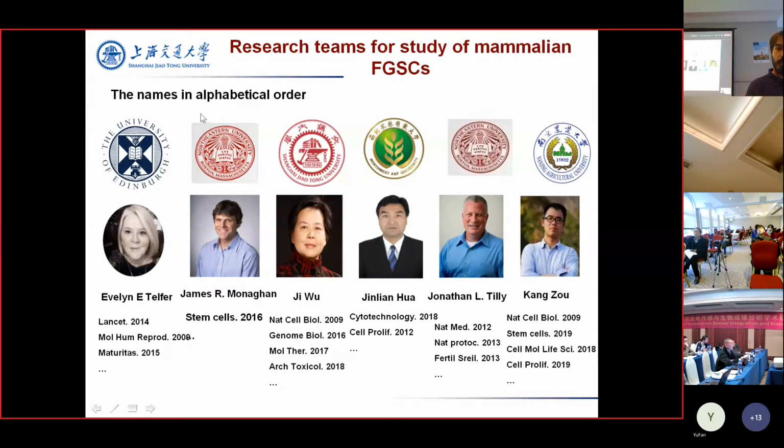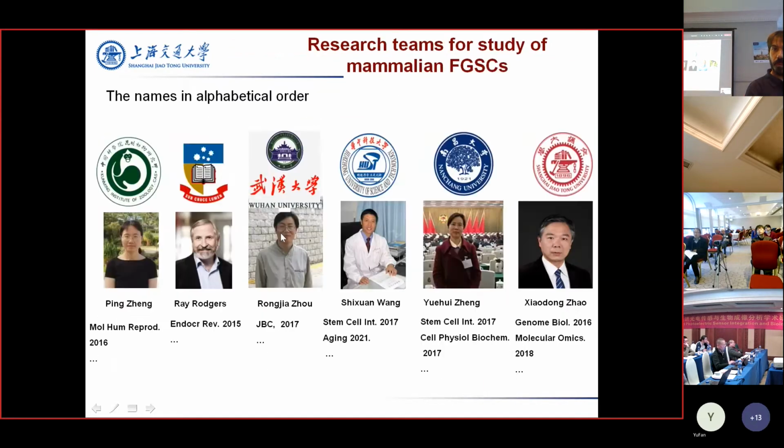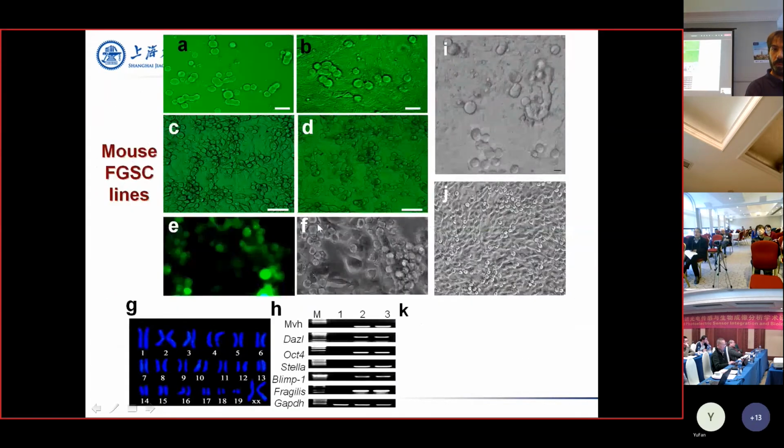This is the research history of mammalian female germinal stem cells. So far we can isolate different strains from the mouse and make mouse FGSC lines from different ages and different stages.